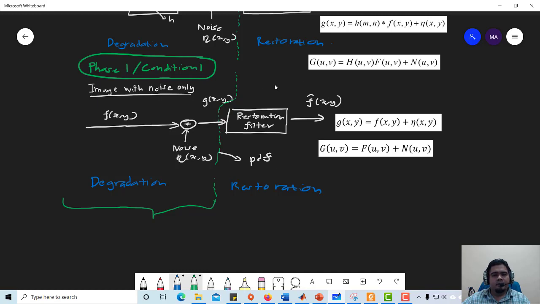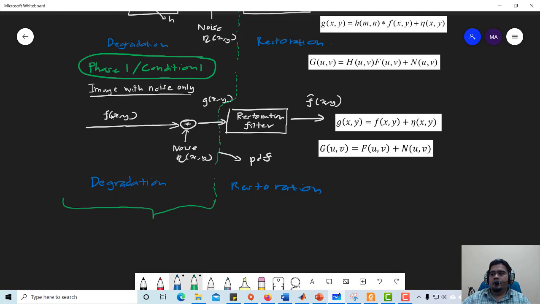Again, like I mentioned previously, our objective is to find a suitable filter to be put here, and that filter will improve or restore the information that has been degraded by this noise, and produce the F hat, where we want to have our F hat as close as possible to our F over here.